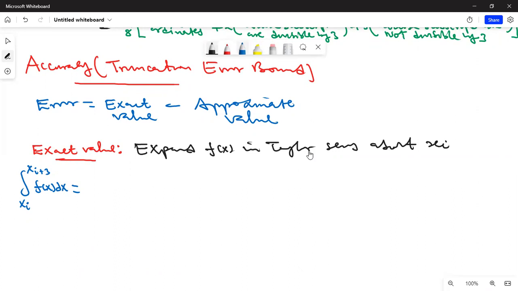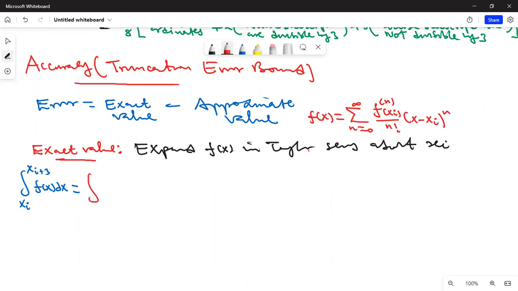Remember the Taylor series expansion that f of x is the same as the sum from n equals 0 to infinity of the nth derivative of the function at xi over n factorial, then times x minus xi raised to n. That's the Taylor series.